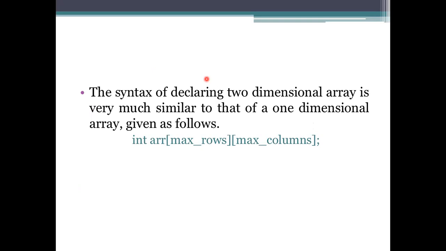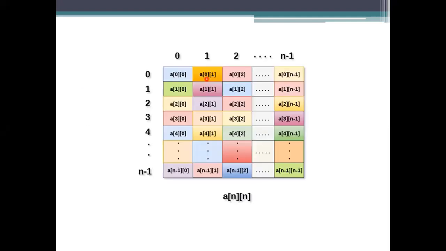How do we write it? Use integer, give the array name, specify the maximum rows and maximum columns, and end with a semicolon. If it is an n by n matrix, it starts with 0, which is the default. So the number of rows or columns will run up to n minus 1.